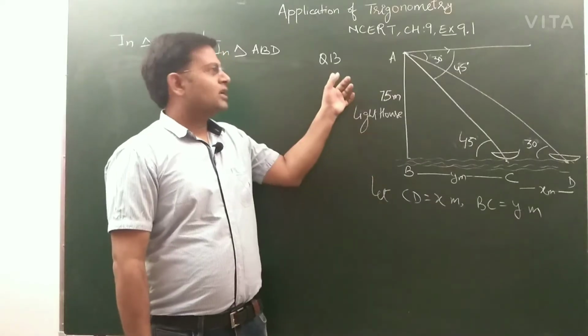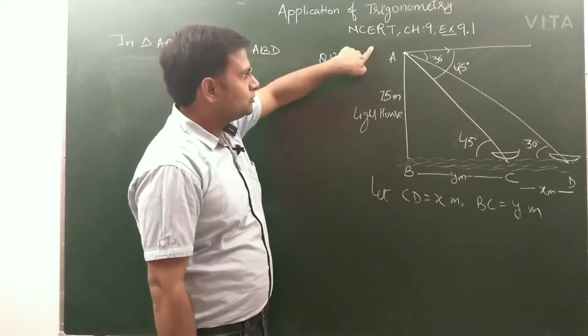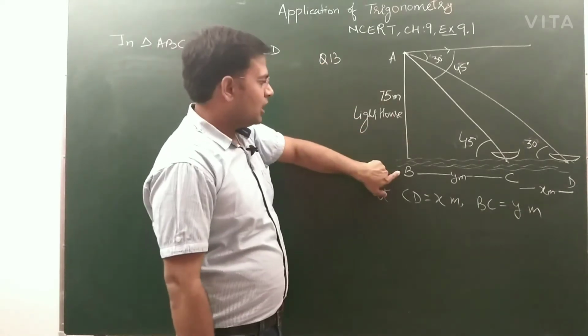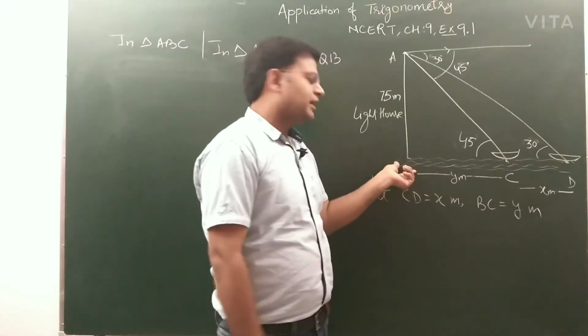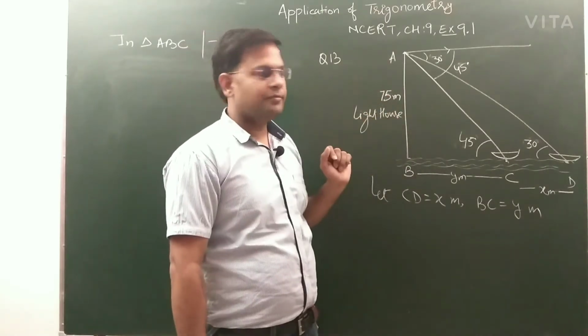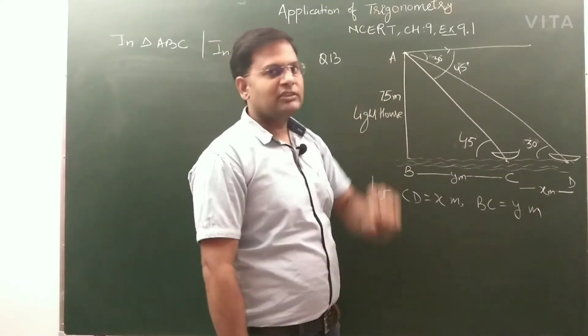Question number 13. In this question, there is a lighthouse which is 75 meters high above the sea level. Sea level is at point B. From B to A, the height is 75 meters, and an observer is sitting at the top.